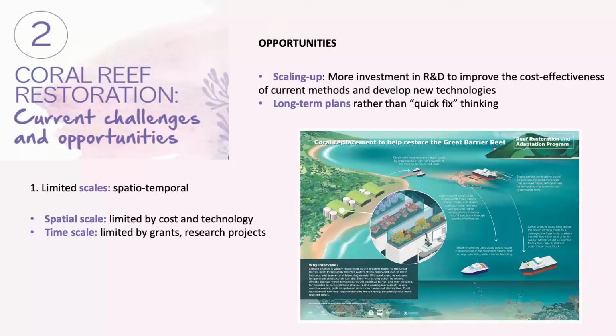And another thing that we're seeing happen is a change from short projects to thinking about longer term planning, and also a change from that traditional thought of what restoration is, sort of go in there, fix it up and then walk away. We may need to be thinking about longer term stewardship for areas where we do continued maintenance, continued effort, and actually use multiple techniques, coral restoration and other management techniques to keep coral reefs healthy as they face so many challenges.